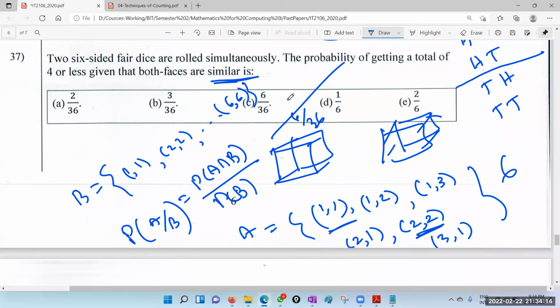The 36s get cancelled, so 2 divided by 6. Usually we do not simplify it, but if the examiner has given 1 divided by 3, I will take it. So we'll go for the answer as E.